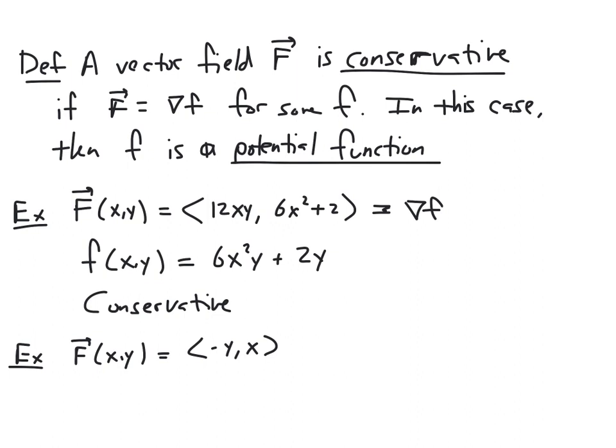And this is where it gets a little bit dicey because we don't have any machinery right now. It's really difficult to show that this is not the gradient for some function, because we'd have to show that for every single multivariable function out there, we do not get this vector as a gradient for any of them. The answer is that this turns out to be something that is not conservative.